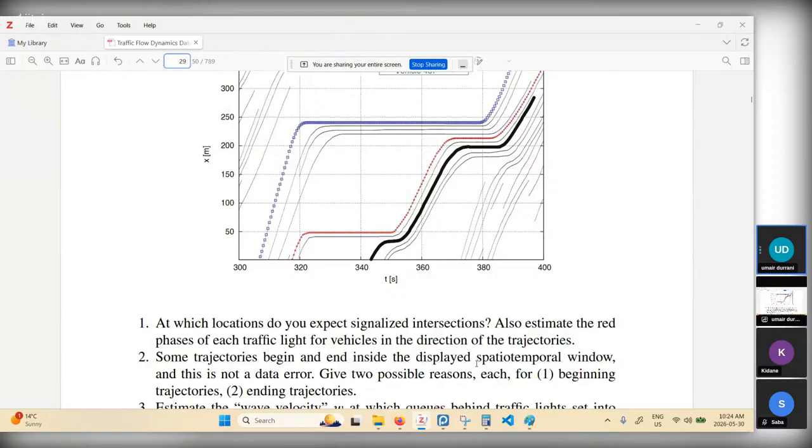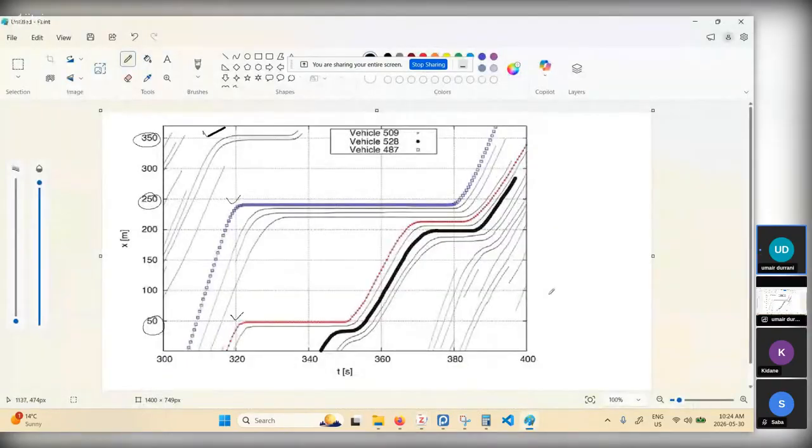The second part says also estimate the red phases of each traffic light for vehicles in the direction of the trajectories. So if we want to estimate the red phase, we can look at these times. So this is 320 seconds, and this is 380 seconds. So this is a total of 60 seconds.